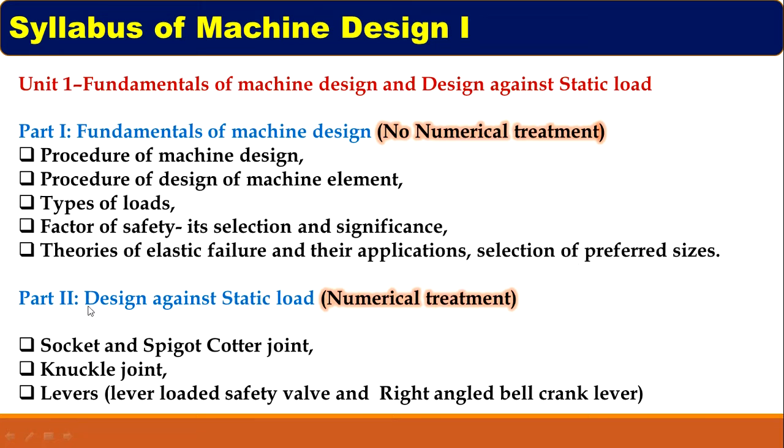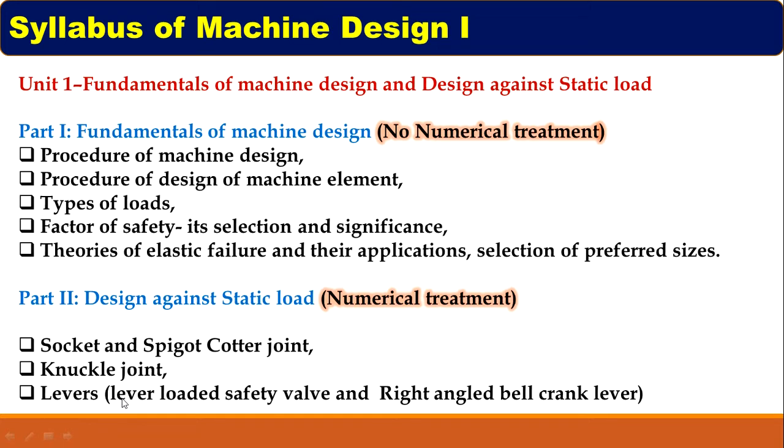Then the next part is design against static load. This part has numerical treatment, and this is a very important part of this unit. It has three parts. First one is socket and spigot cotter joint, or we can simply call it a cotter joint. Next one is knuckle joint, and third one is a lever.